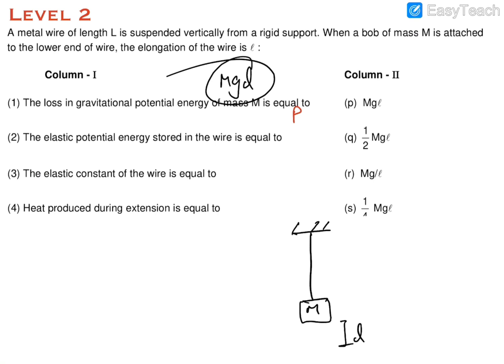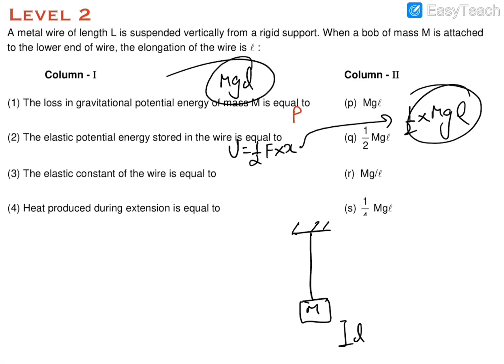The elastic potential energy is equal to half F into X, where F is the force pulling the wire and X is the extension. So it is half, F is mg and X is L. So mgL by 2. So the correct option for this one is Q.